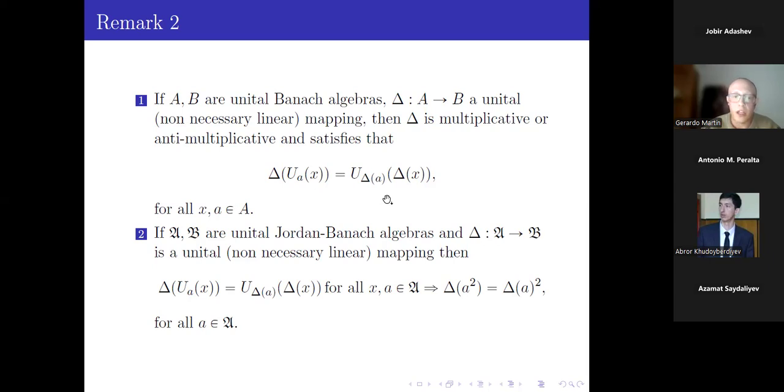Now, when A and B are unital Jordan Banach algebras, and we consider delta a unital but not necessarily linear mapping, we know that when this property is satisfied, then delta preserves the squares, which is equivalent to preserving the Jordan product. This makes us consider a new but natural hypothesis in order to consider this problem in the setting of Jordan Banach algebras, and it is the following one.